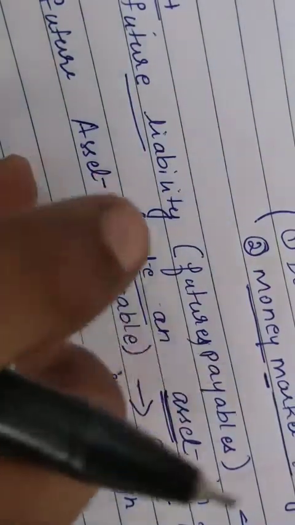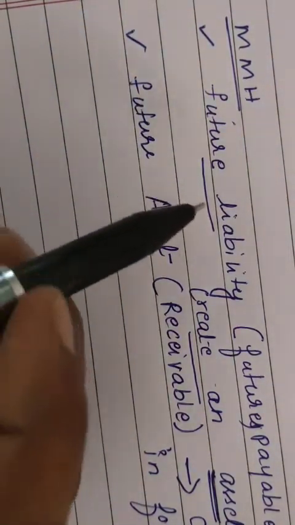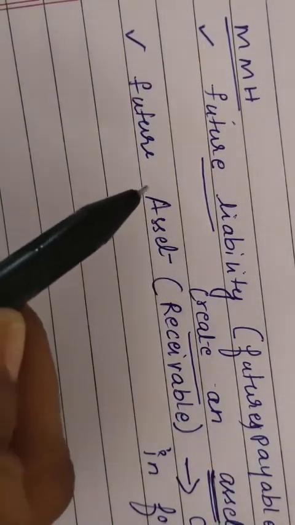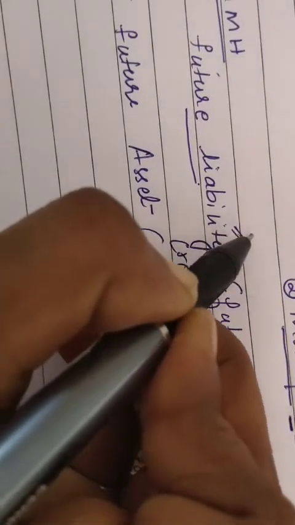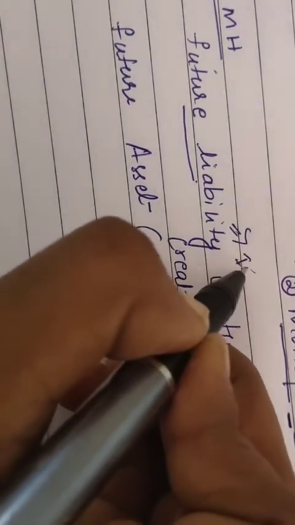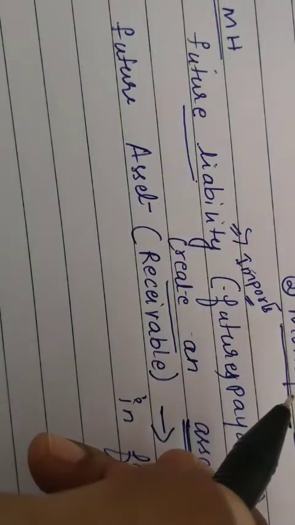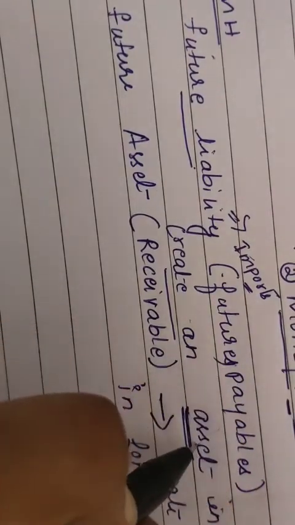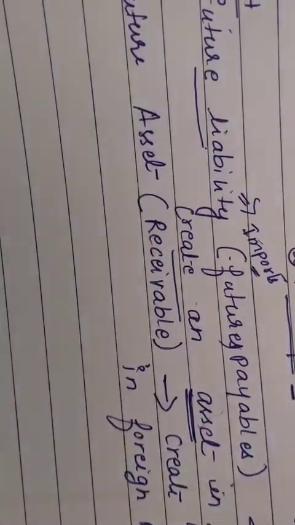So the rule to hedge the risk under money market hedging, the strategy we use here is, if you have a future liability, future payables, so here this liability, future payables, that arises in case of imports, then you have to create an asset in the foreign currency or in a foreign exchange.